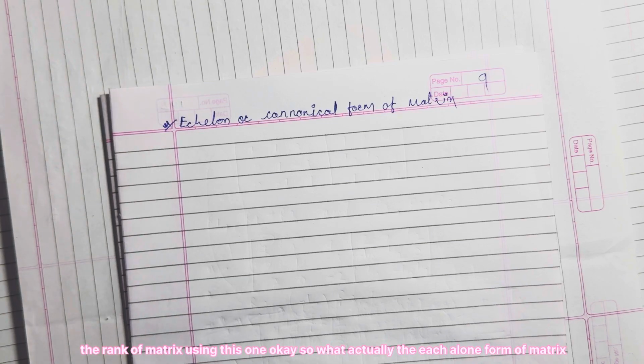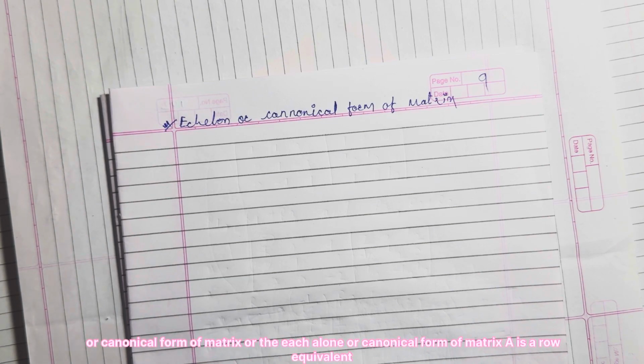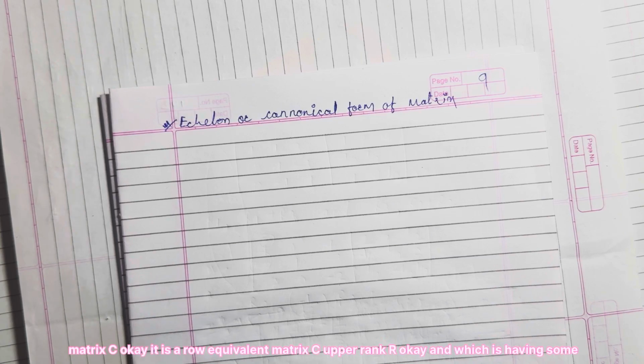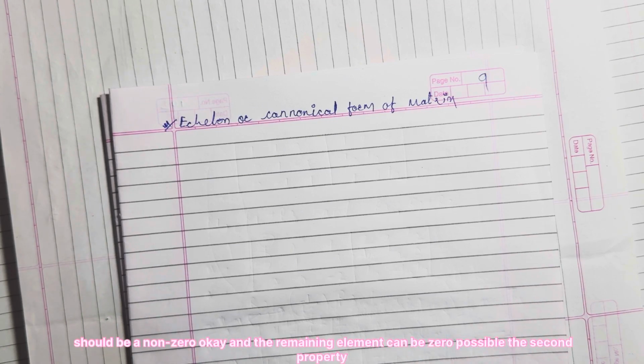So what actually is the echelon form or canonical form of a matrix? The echelon or canonical form of matrix A is a row equivalent matrix C of rank R, which has some standard properties. First, at least one of the elements in each of the first R rows should be non-zero, and the remaining elements can be zero.